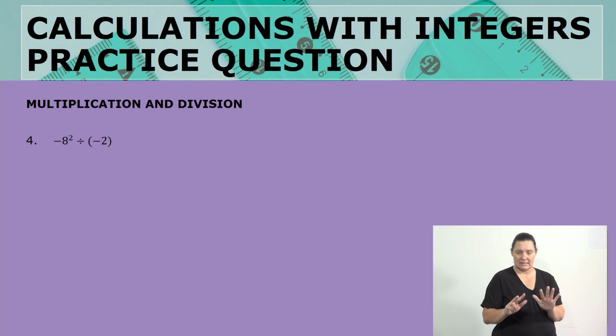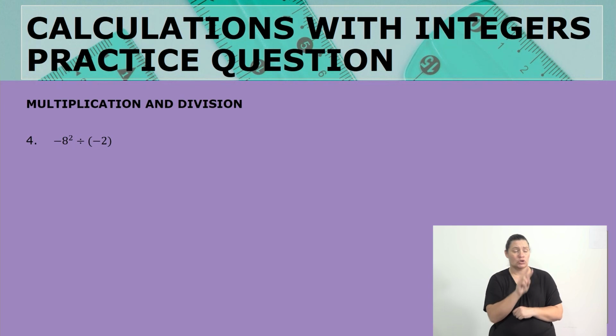Now we have a negative 8 squared divided by a negative 2. Before we can continue, we need to look at that negative 8. Now that negative is not in the brackets. This means that the only number being squared there is the 8 and not the negative 8.